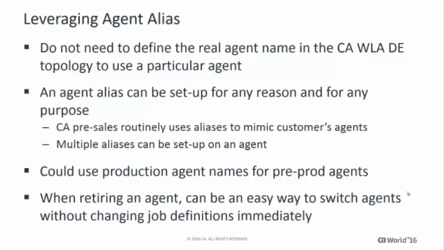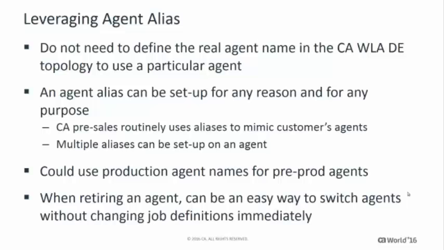When we're showing customers some of their own data, we can run things through, but we can mimic their agent names because we can use an alias for it and have a specific real agent name behind the scenes for that.